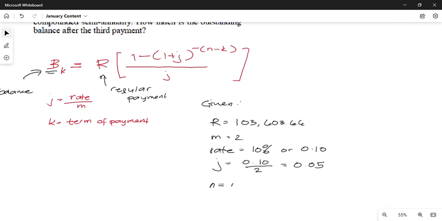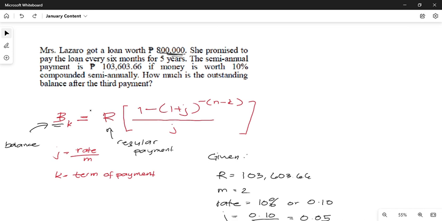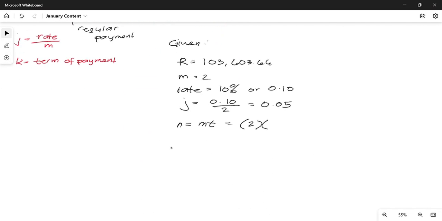Since N is equal to MT, M is 2 and T is 5, because this is how long she will be paying it semi-annually.